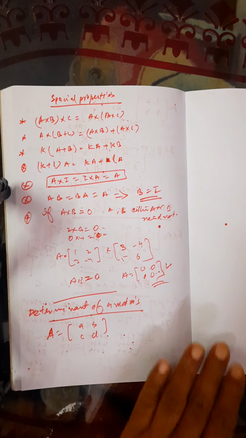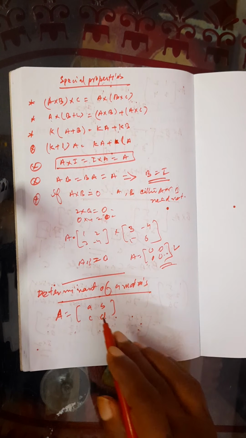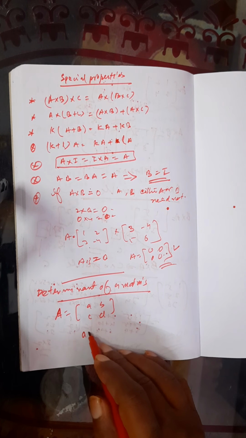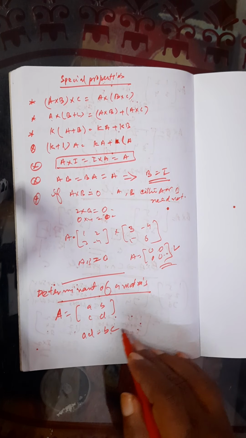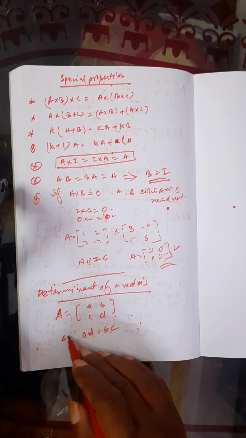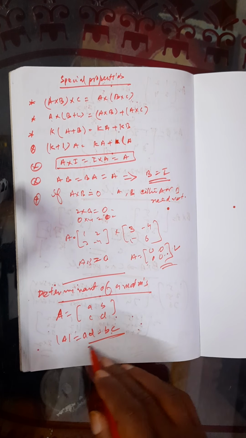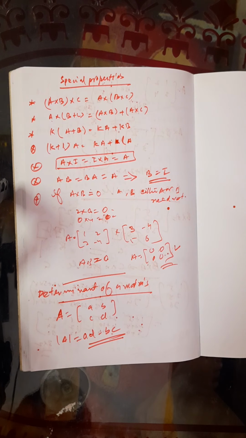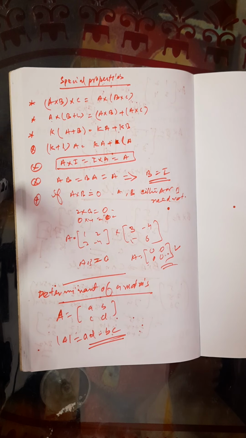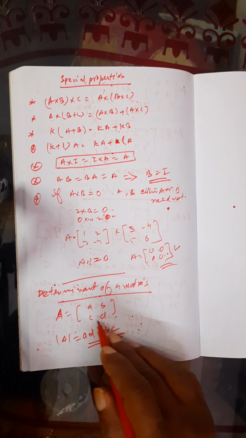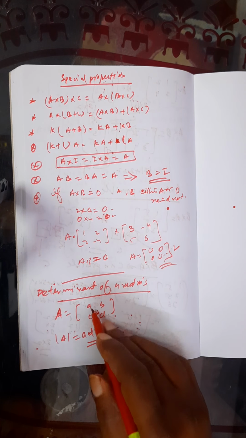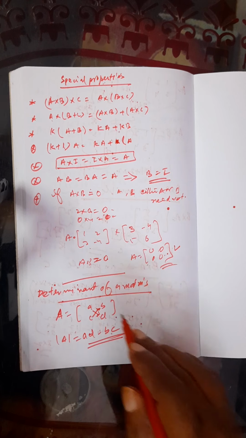The determinant of this is ad minus bc. This is called the determinant. You have to take it like this: product of this minus product of this.